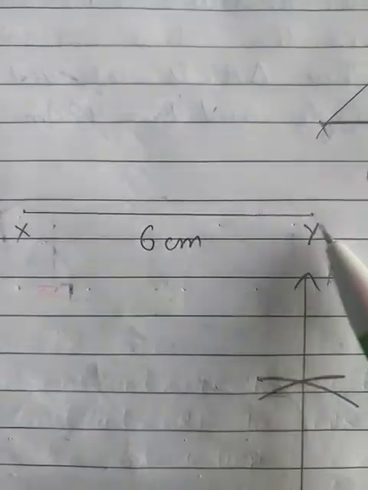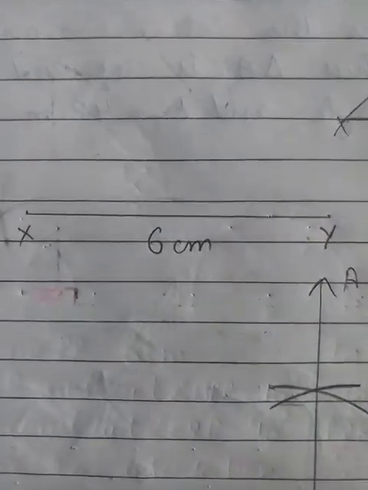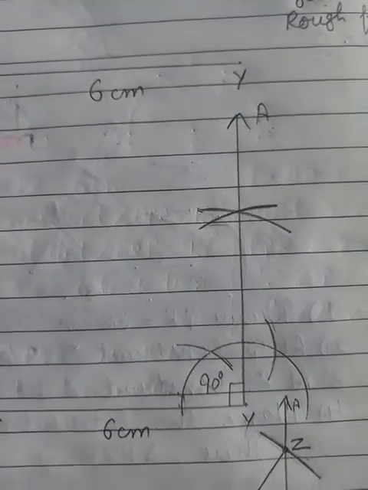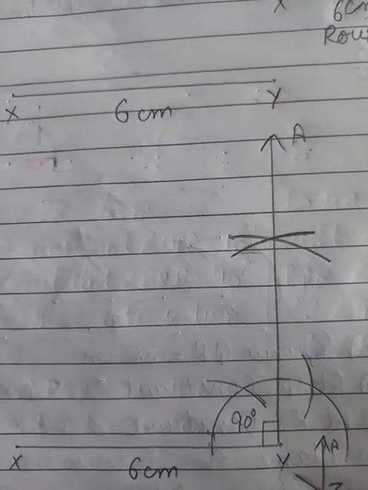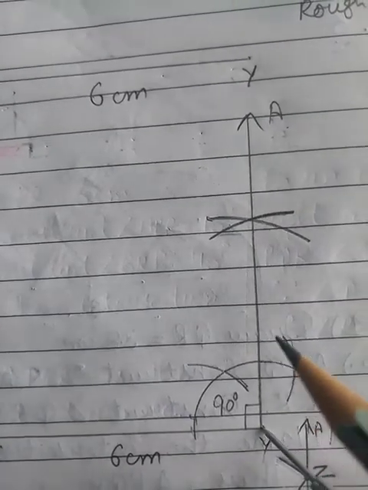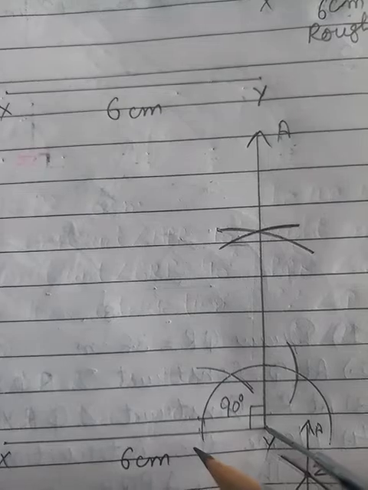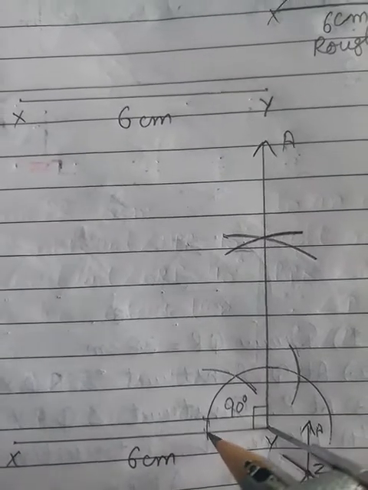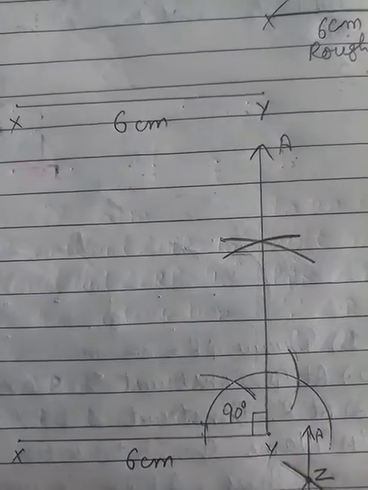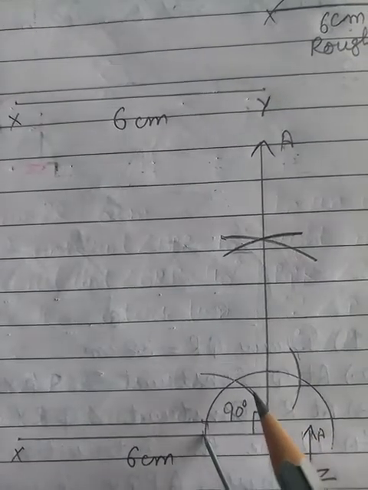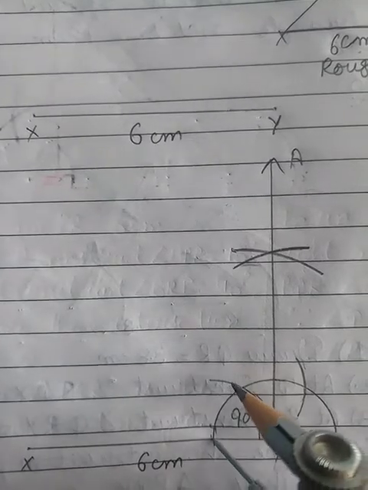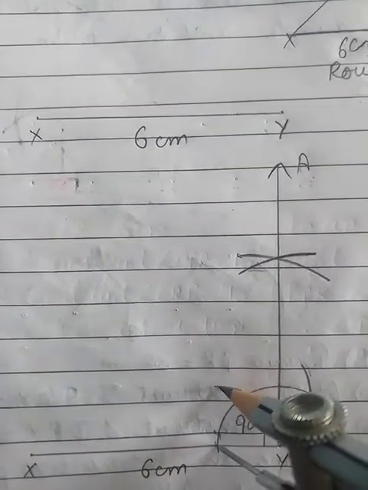So at this point Y I need to construct the angle of 90-degree. Clear? First of all I will open my compass with any radius. By taking Y as a center, I need to draw an arc with any radius. Now after that, by taking this point as a center, I need to mark one more arc with the same radius.